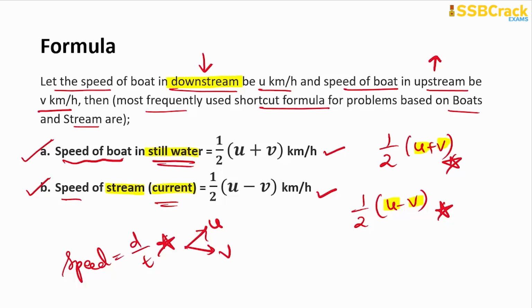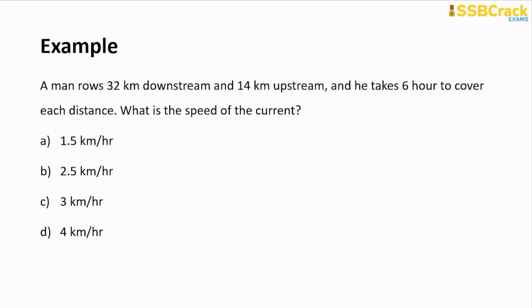So let's check an example. Let's see also which formula will work out for that. In this example, we have a man who rows 32 km downstream and 14 km upstream. Understand the question. Distances are mentioned: distance rowed by the man is 32 km downstream and 14 km upstream.